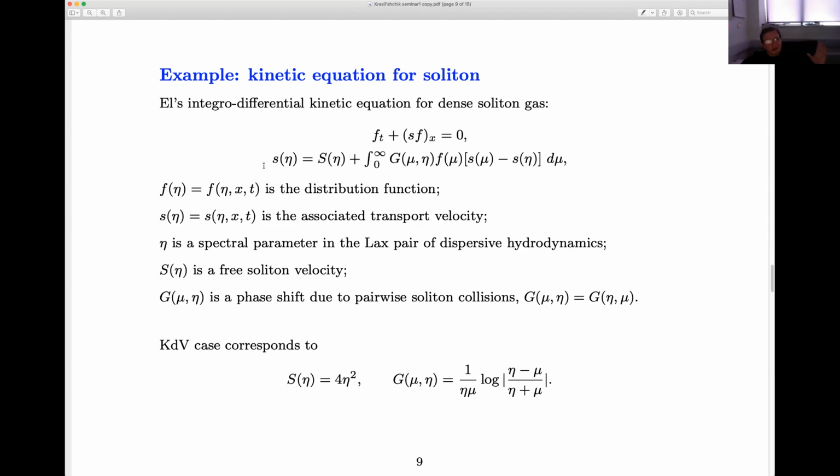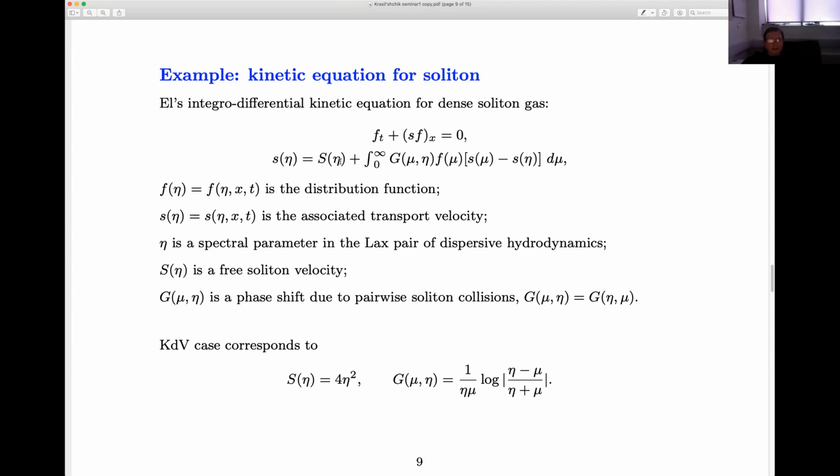So there is a natural question appearing. We start with an integrable PDE, like KdV. Is this kinetic equation an integrable integral differential equation? So my original feeling was that it shouldn't be integrable for arbitrary functions S of eta and kernel G of mu eta.